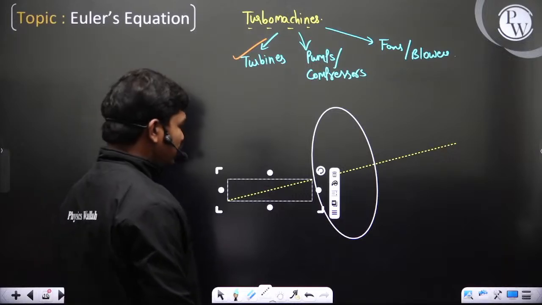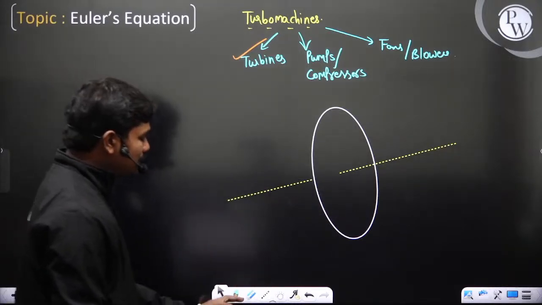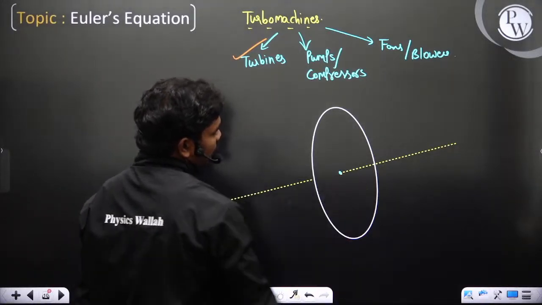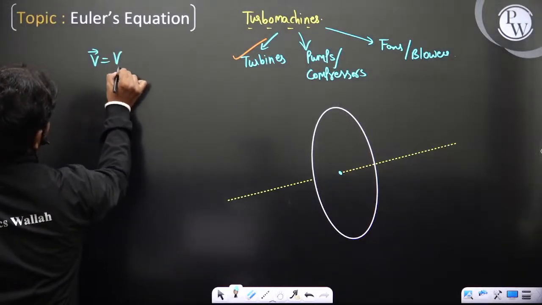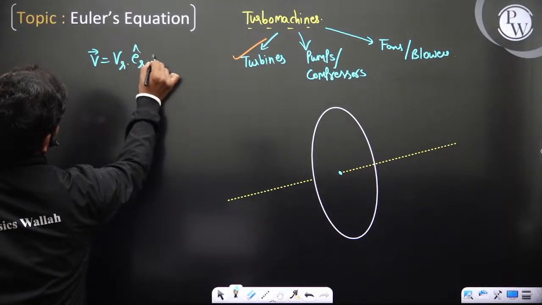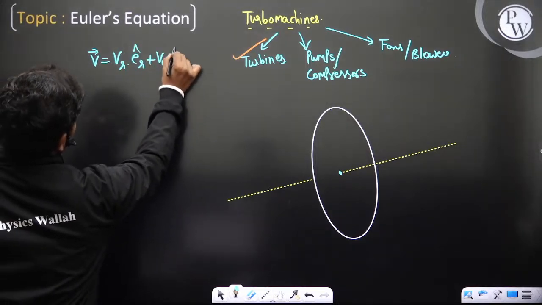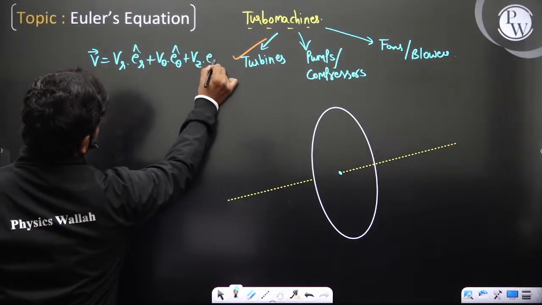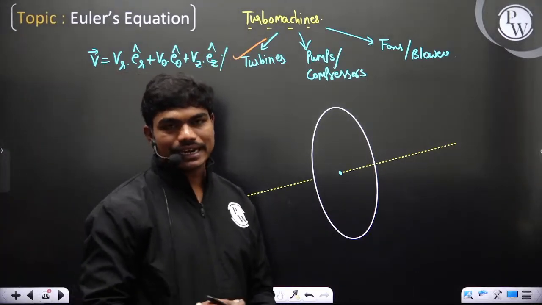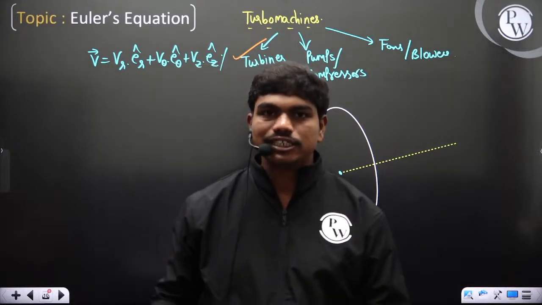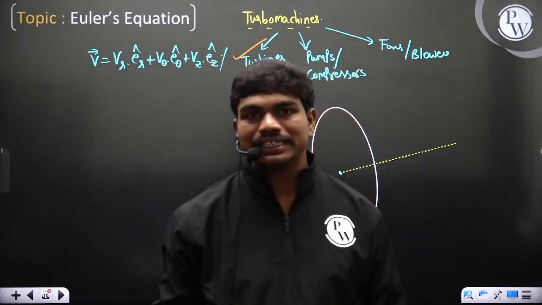Now whenever there is a disk like this, tell me one thing. Normally in real case we have velocity as V_r e_r cap plus V_theta e_theta cap plus V_z e_z cap. Means if you take any velocity vector, like how you can split it in x, y, z coordinates in Cartesian, similarly in case of polar you can split it into r, theta and z components.